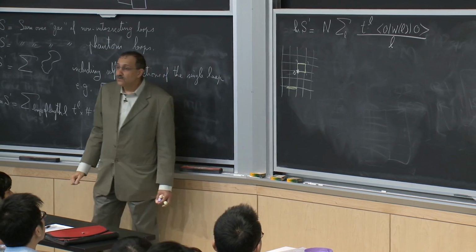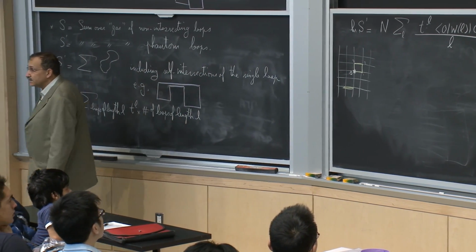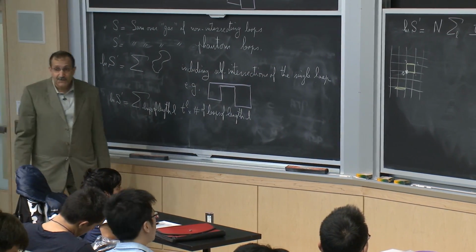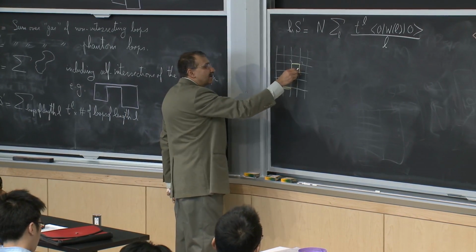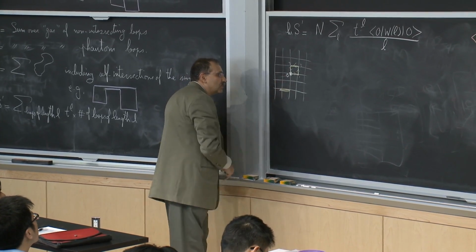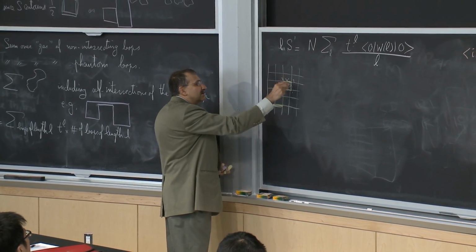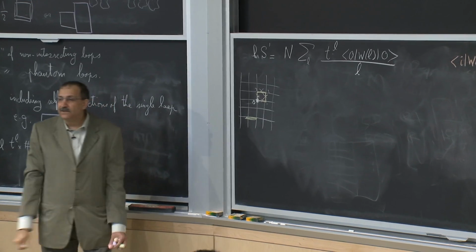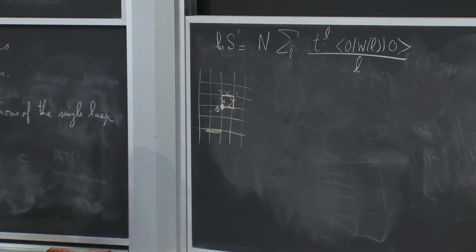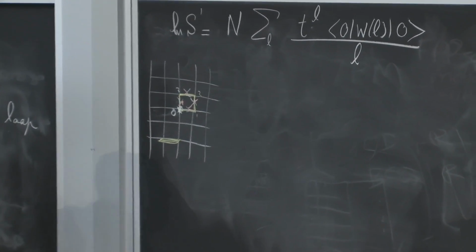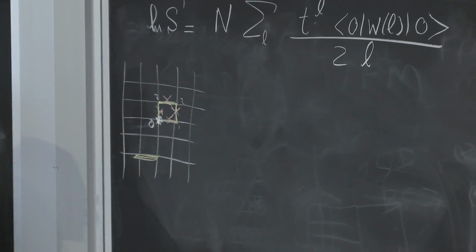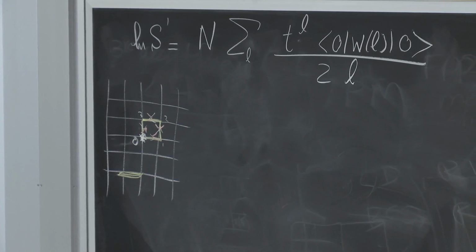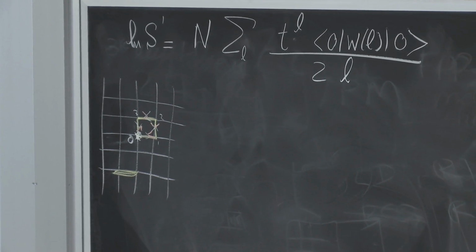So in order to avoid the overcounting, I have to divide by L. And in fact, I could have started walking along this direction, or alternatively, I could have gone in the clockwise direction. So there are two orientations to the walk that will take me from the origin back to the origin in L steps. And to not do the overcounting, I have to divide by 2L.